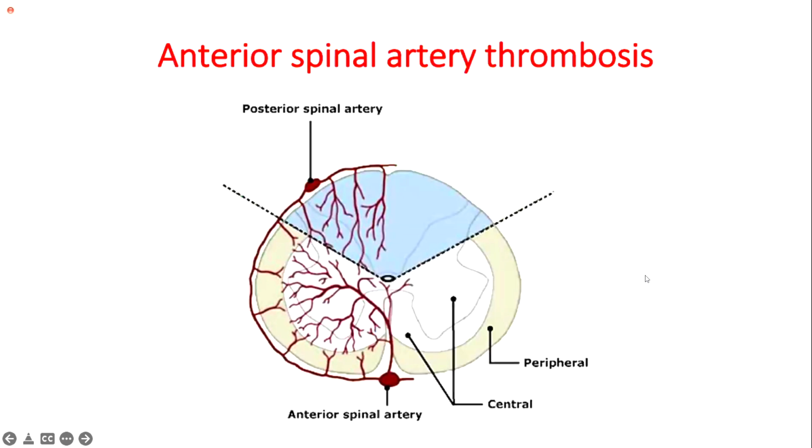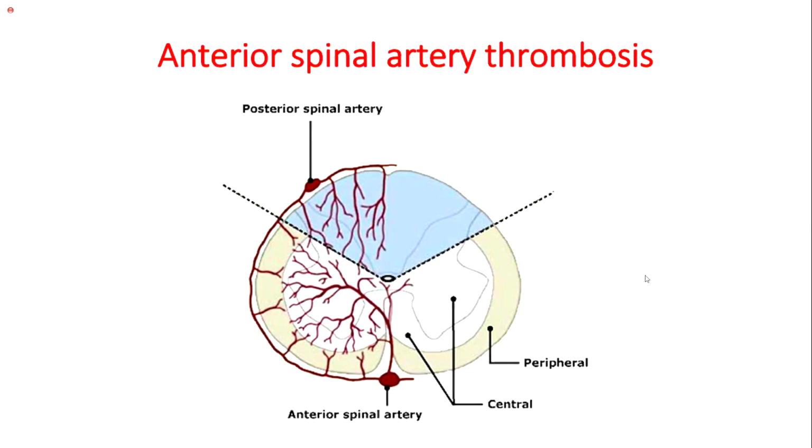I have told you before, vascular causes a sudden onset. If I put it another way, sudden onset neurological deficit is vascular unless proven otherwise. Okay. Sudden onset neurological deficit is a vascular etiology unless proven otherwise.